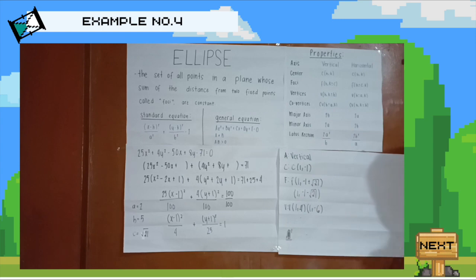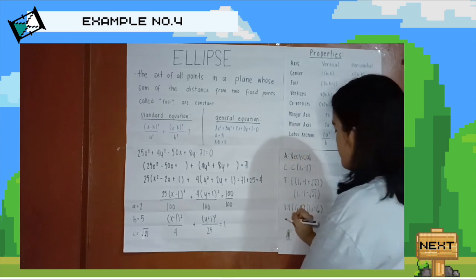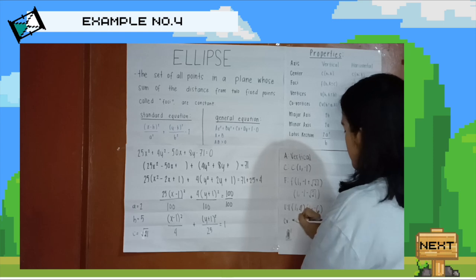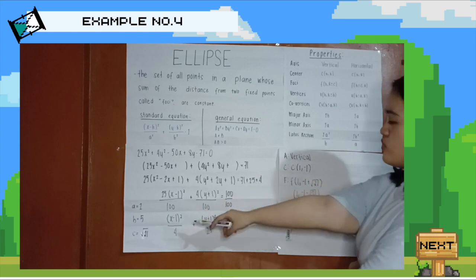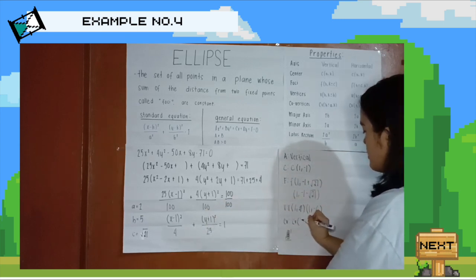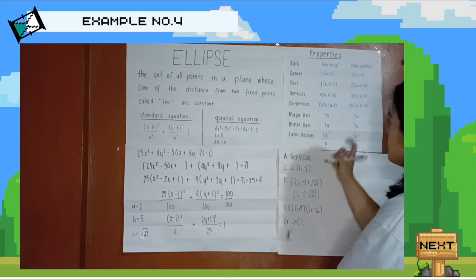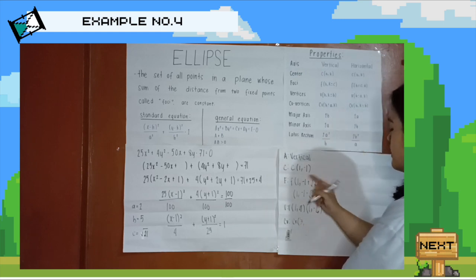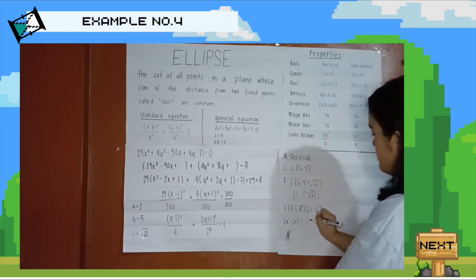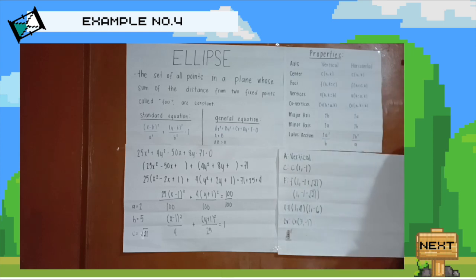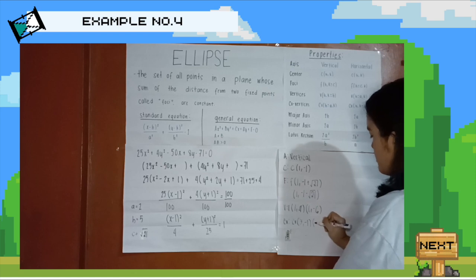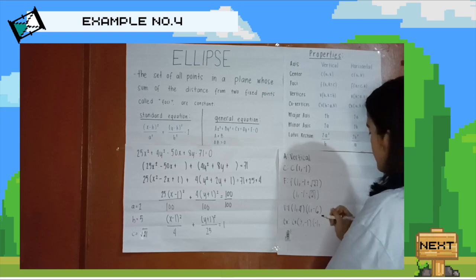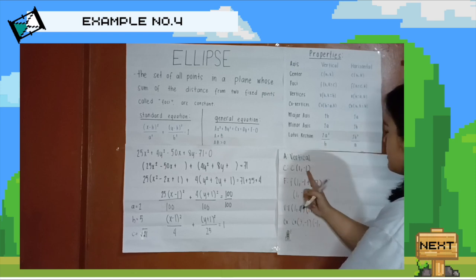And to solve for the co-vertices, 1 plus 2 is 3. So 3. And our K is negative 1. So 3, negative 1, and 1 minus 2 is negative 1, negative 1.